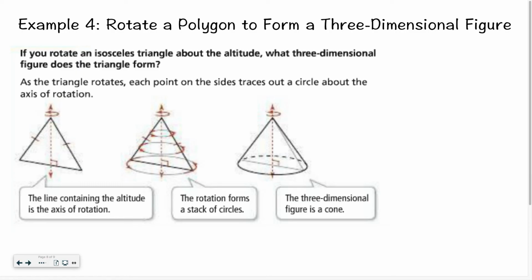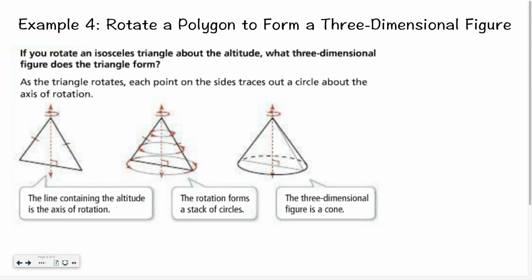So example 4, what if I give you a polygon, so the 2D figure, right? Let's say I give you a triangle, in this case an isosceles triangle, so we have two congruent sides. If you rotate an isosceles triangle about the altitude, remember the altitude is the height of the triangle that goes through the middle, right? What three-dimensional figure does the triangle form?